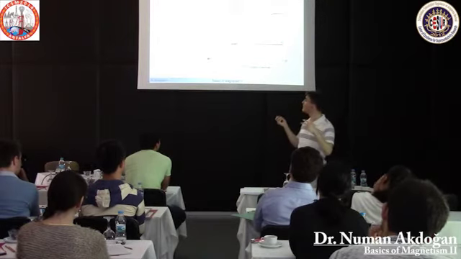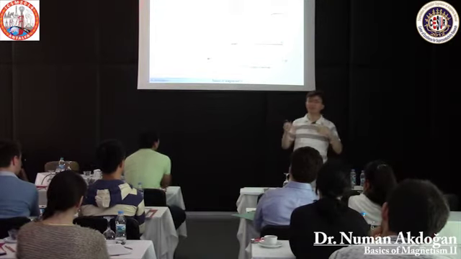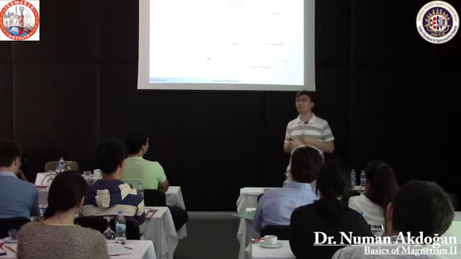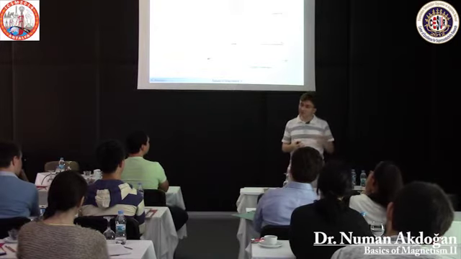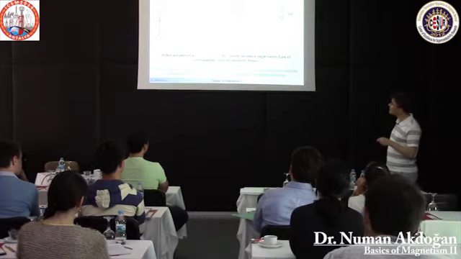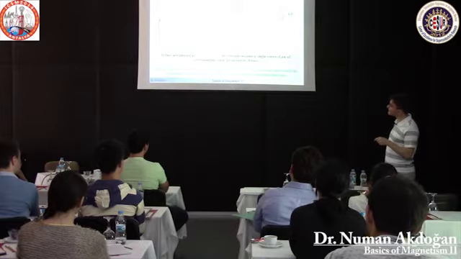And thermal agitations or thermal effects will destroy this orientation or order, right? So I should expect some decrease in the magnetization. Indeed, it happens. So if I increase the temperature, magnetization decreases, right?